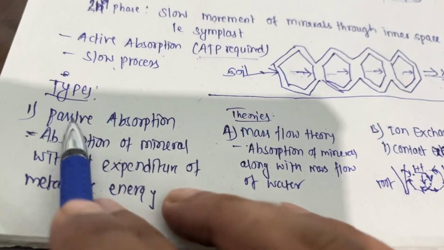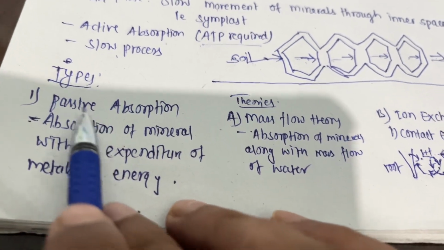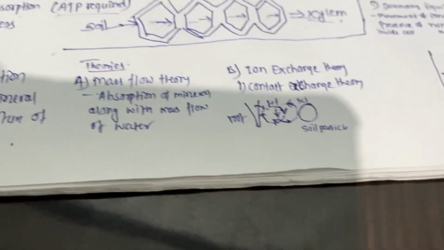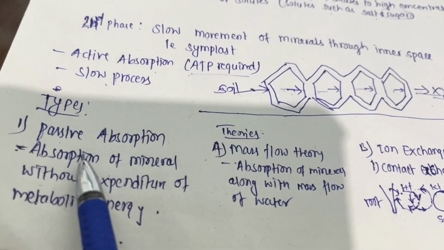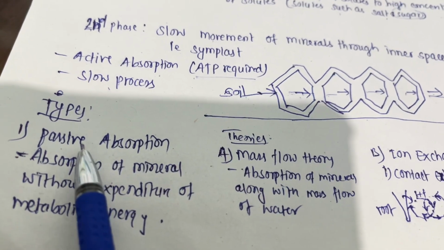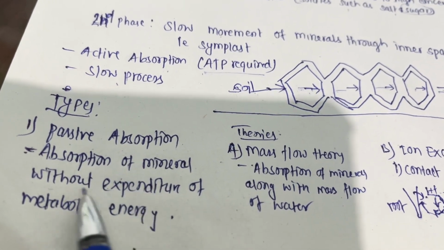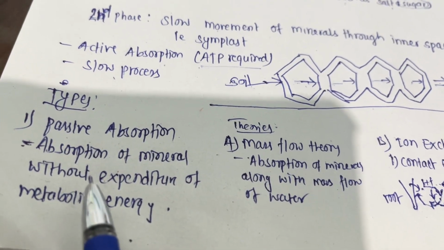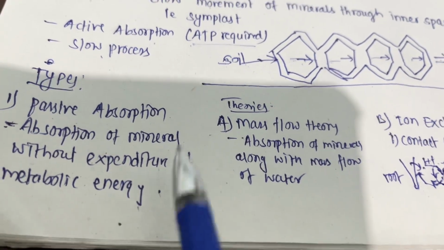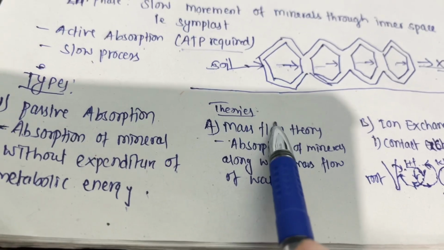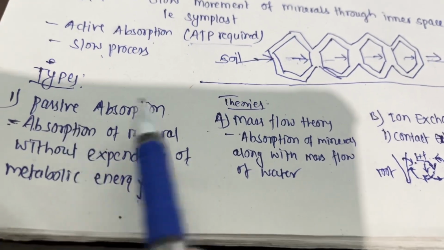Now there are two types of absorption. One is the passive absorption and another one is the active absorption. So what is passive absorption? Passive absorption of minerals is the absorption of minerals without expenditure of metabolic energy. There are different theories given by different scientists about passive absorption.